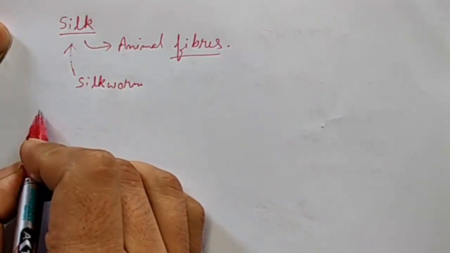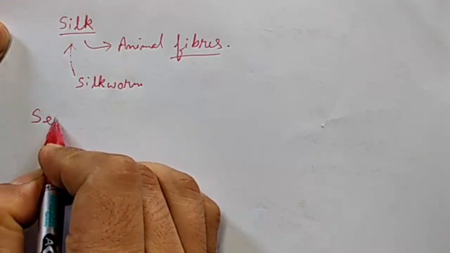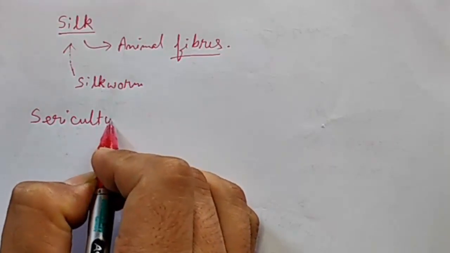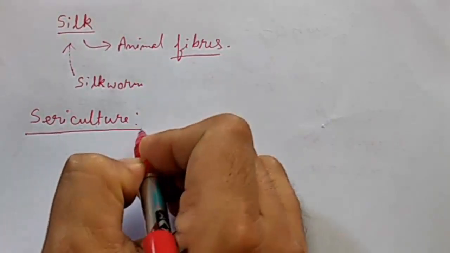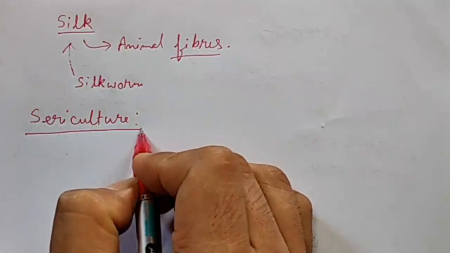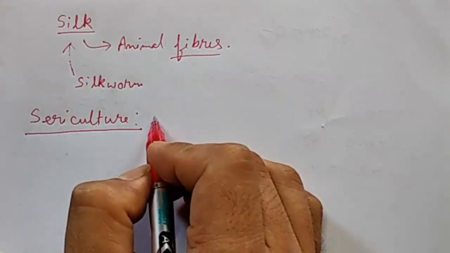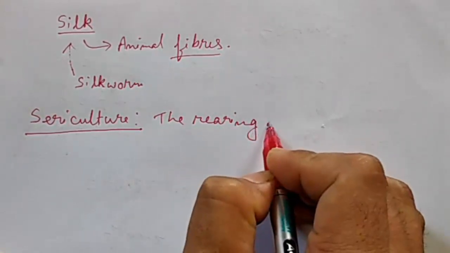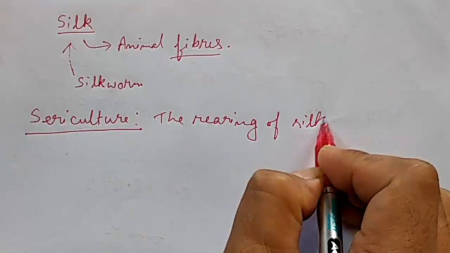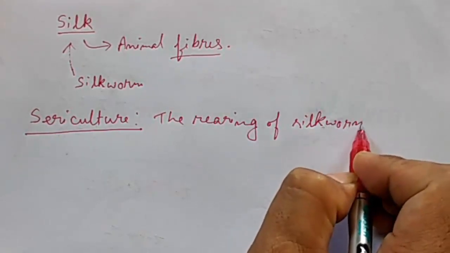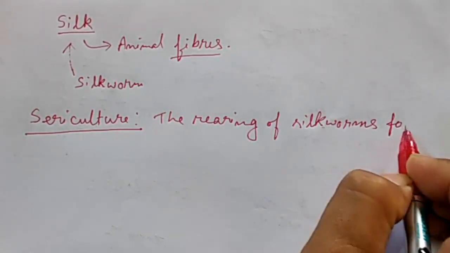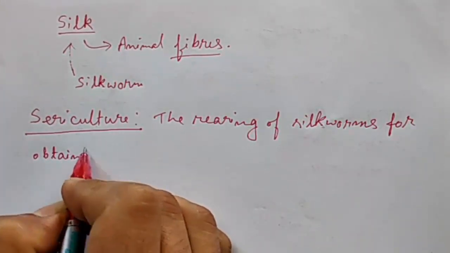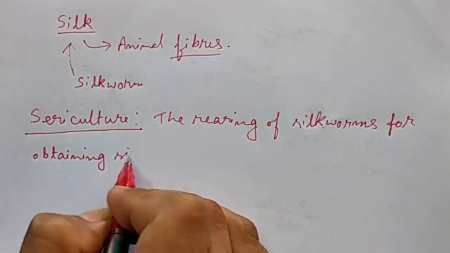So there is a term called sericulture. It is the rearing of silkworms for obtaining silk.